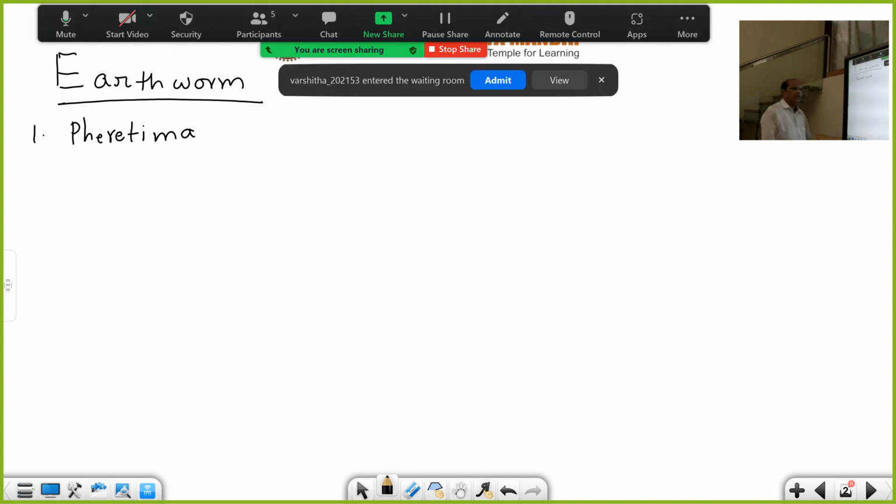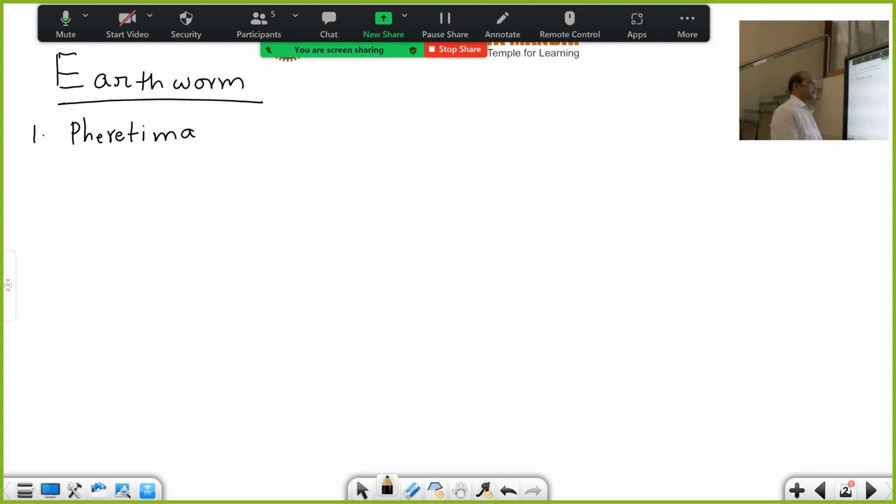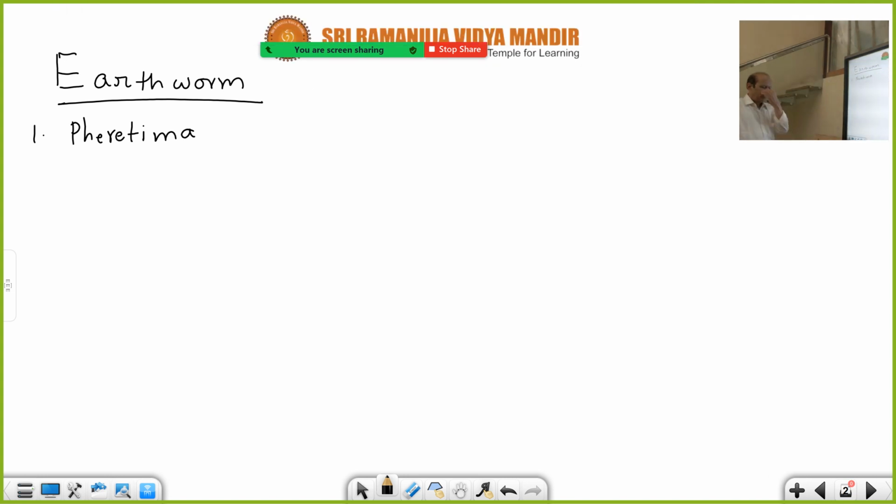Originated from North India, but throughout the country it is widespread. Mostly in South India also we discuss Pheretima, but actually our Andhra Pradesh earthworm is Megascolex, that's not given in our NCERT, so Pheretima only we are discussing.